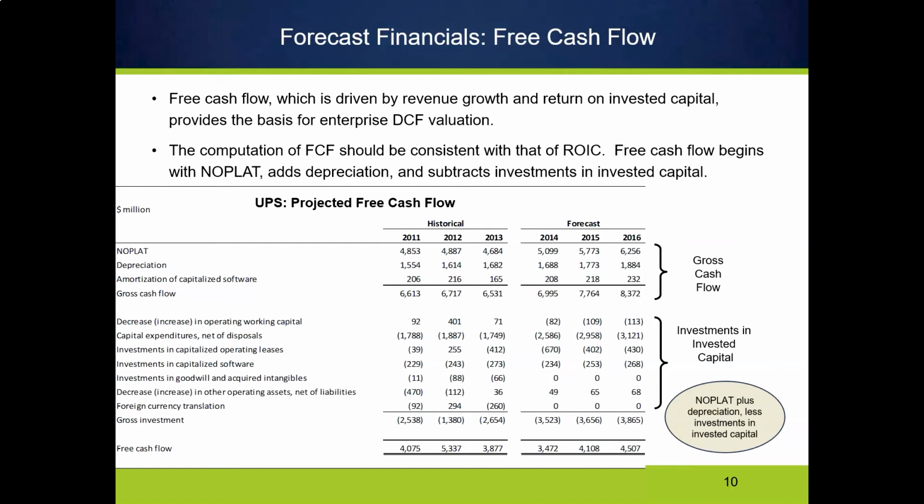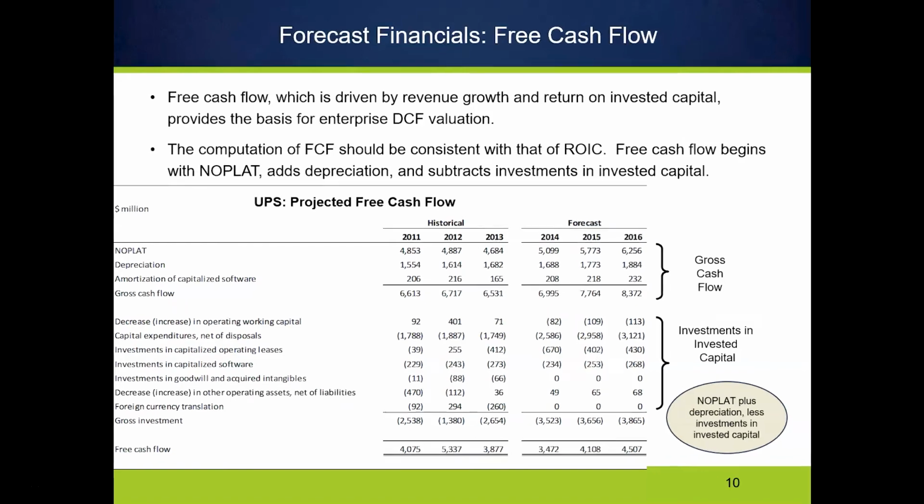And that is exactly the same formula that we have here, right? Operating cash flow is our NOPLAT, right? So that is our gross cash flow. Operating cash flow was EBIT plus depreciation minus taxes. So NOPLAT plus depreciation is the same thing as operating cash flow, only here we're calling it gross cash flow, and that's just to be consistent with the book.